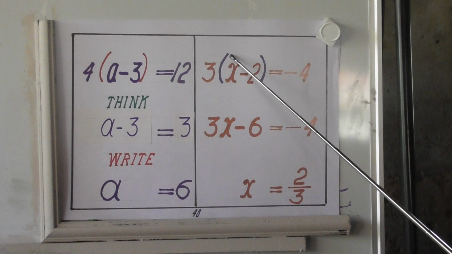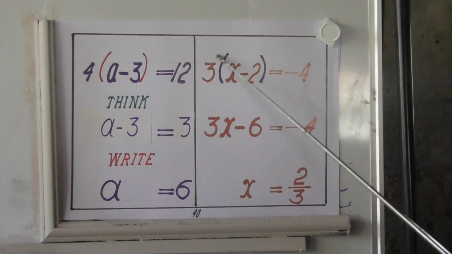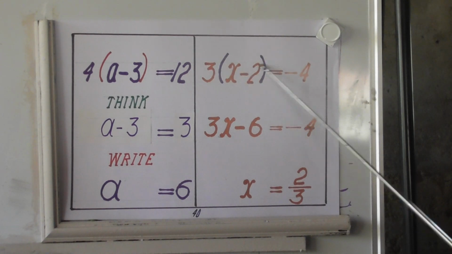This means 3 times whatever is in the bracket. That means 3 times the x and 3 times the negative 2. So not take away 2, no. 3 times negative 2 is negative 6.